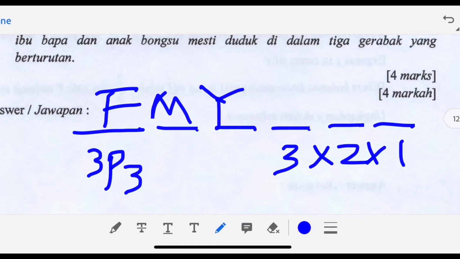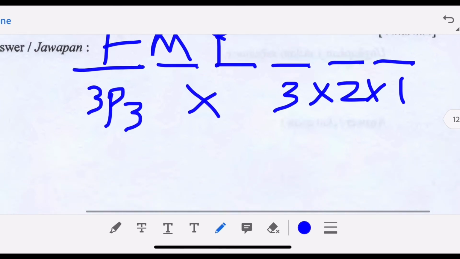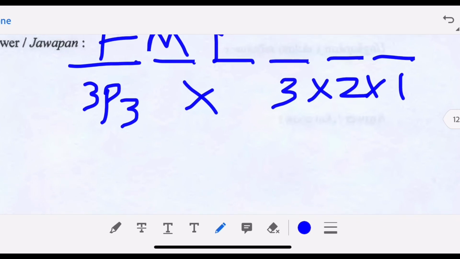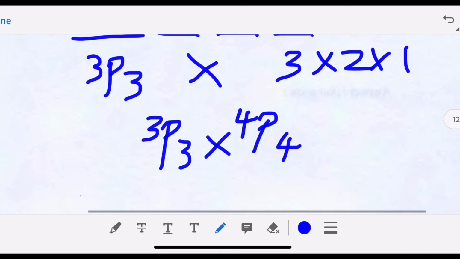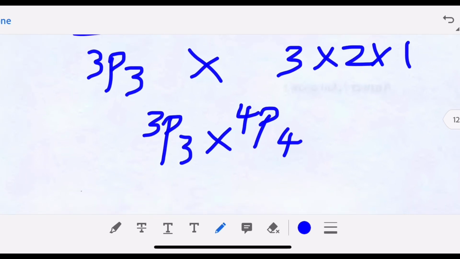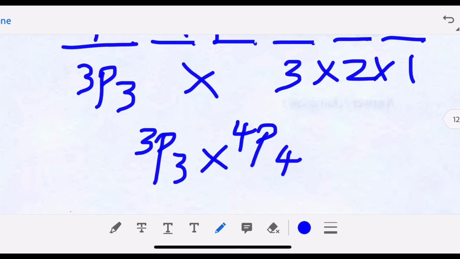So this is actually considering 3 persons together as one object. Then after that you arrange them with the other 3 children, so it becomes arranging 4 objects, which is 4P4. So your final answer is 4P4 times 3P3.